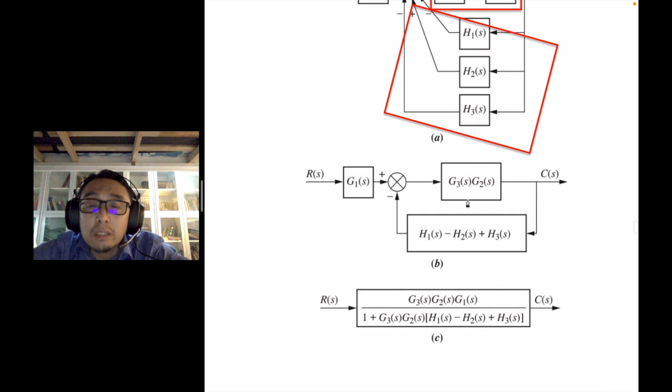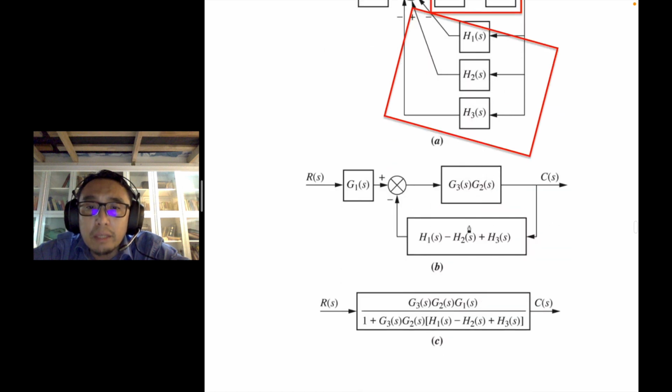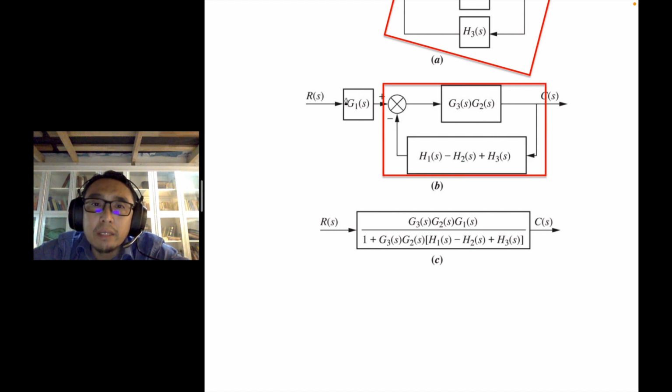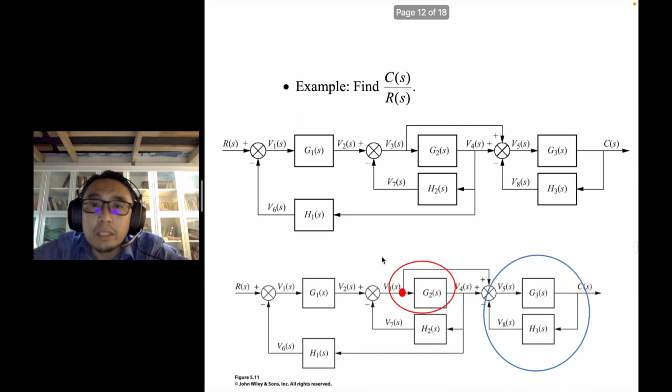There is a combination of cascade, parallel, and then feedback, and then another cascade. This is the feedback multiplied by another series, which is the G1. So please check that. Next, another example.